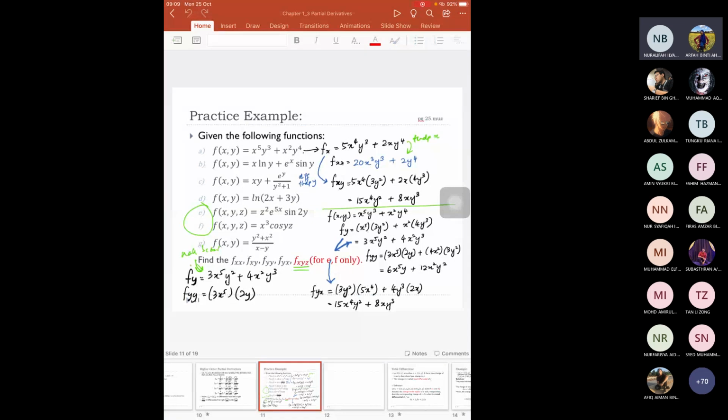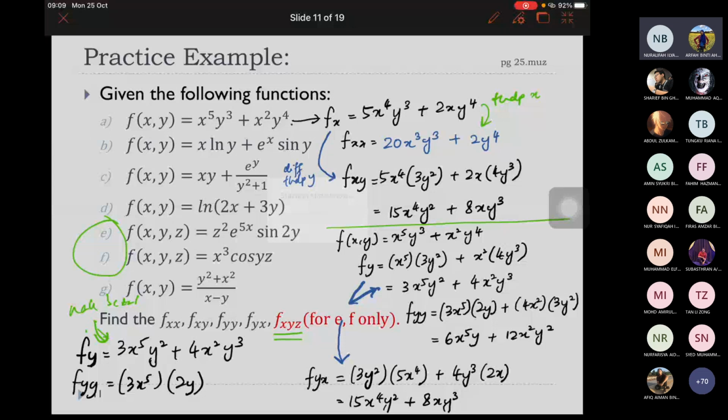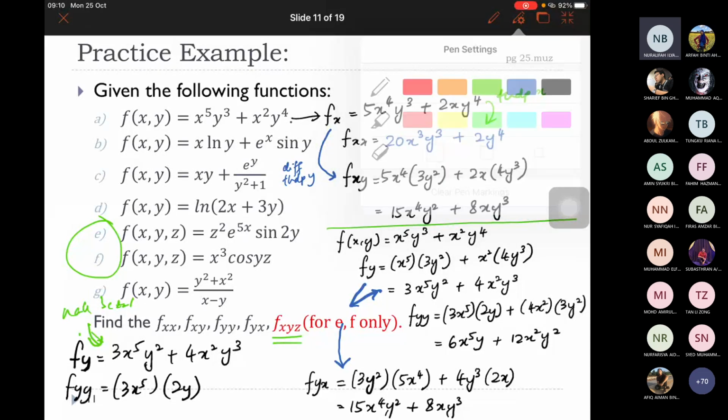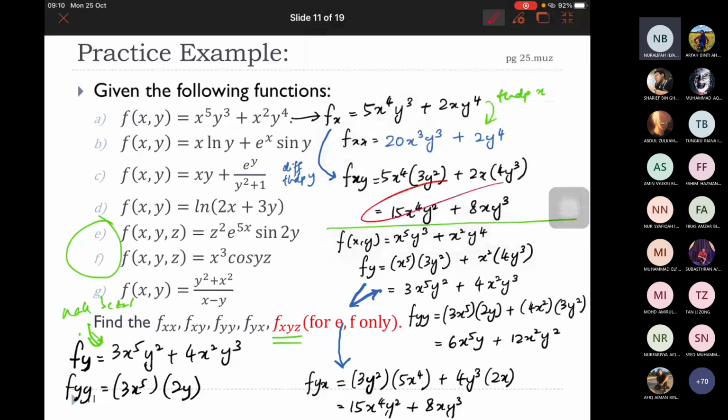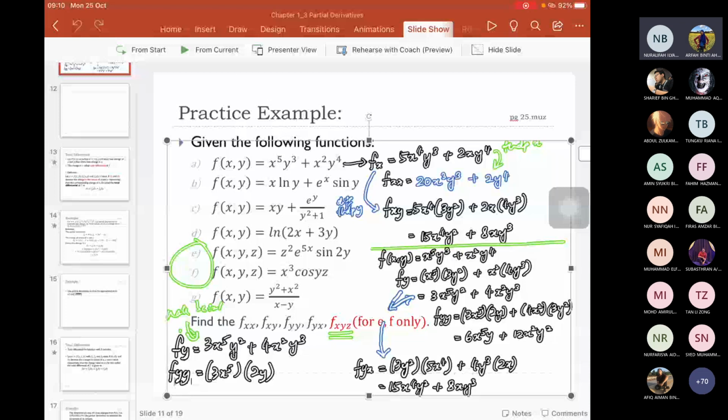So exercise A kita dah buat. Dia tulis padam.